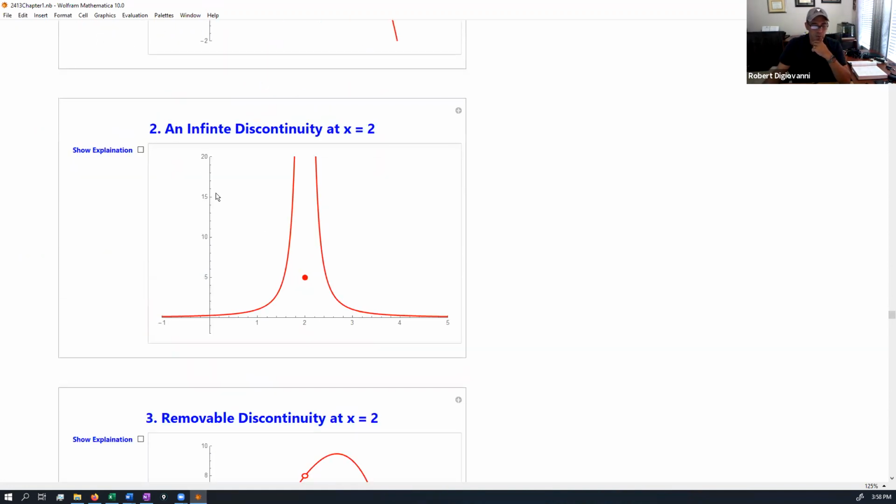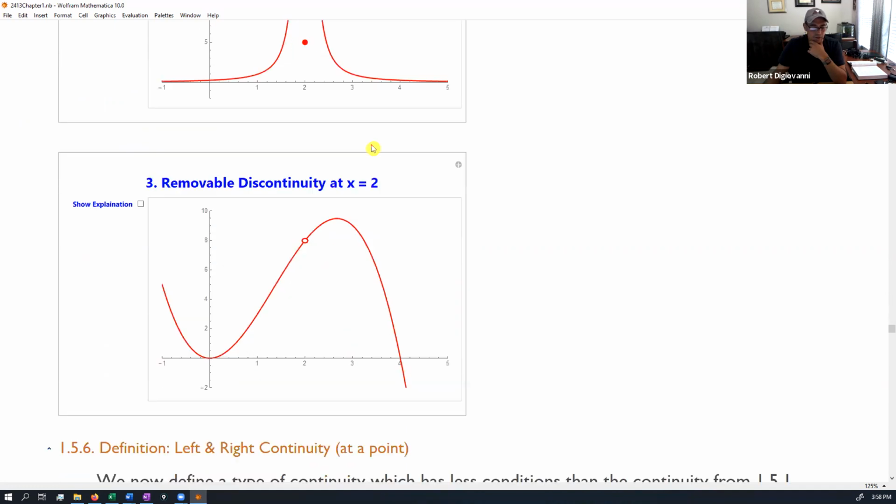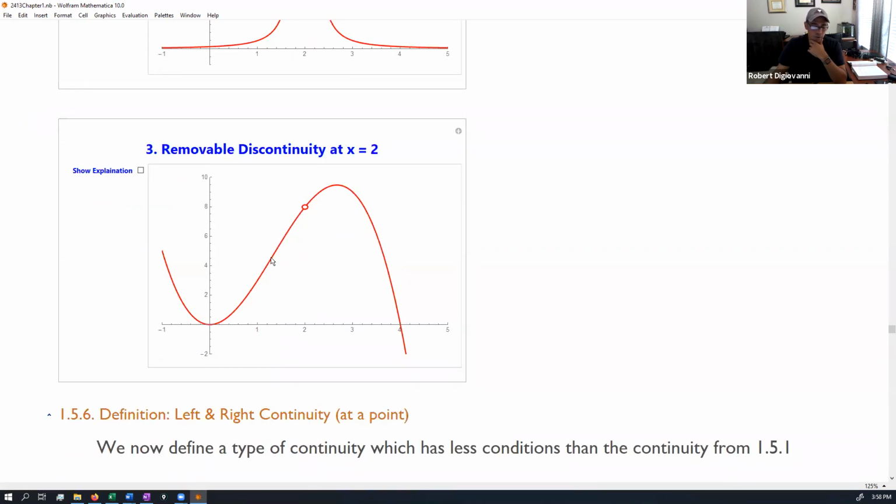If you have what's called an infinite discontinuity, so a vertical asymptote, it's impossible to be continuous because you would have to pick up your pencil and then draw the other side. And then the last one is what's called a removable discontinuity, where everything is almost right, except that you've got a hole in it. And so again, you'd have to pick up your pencil.